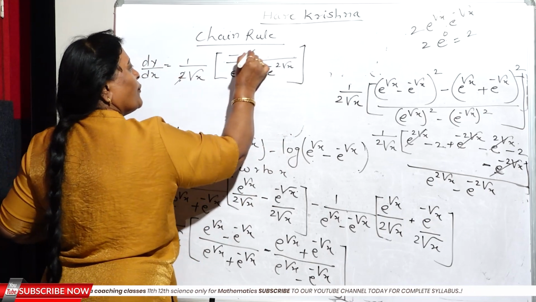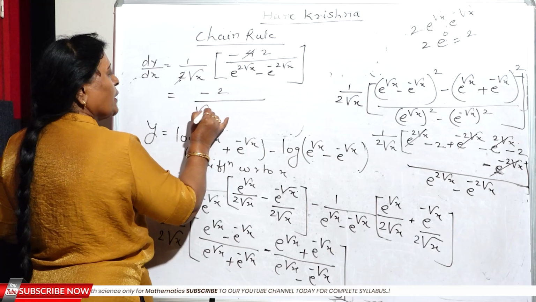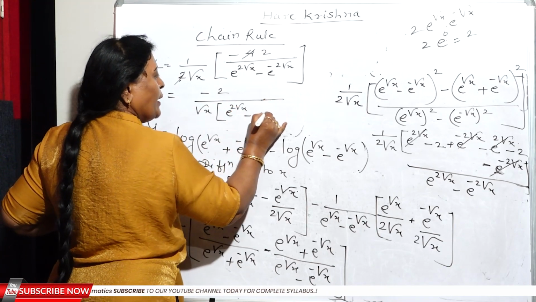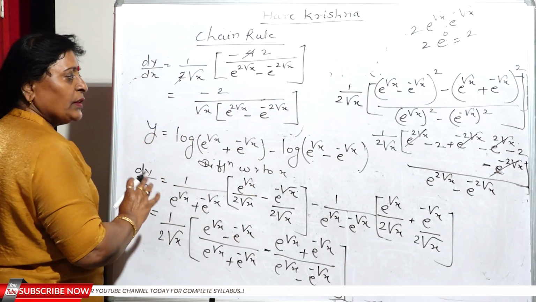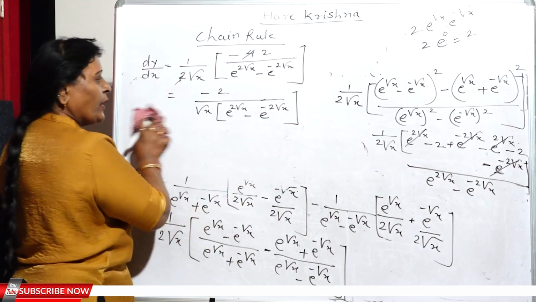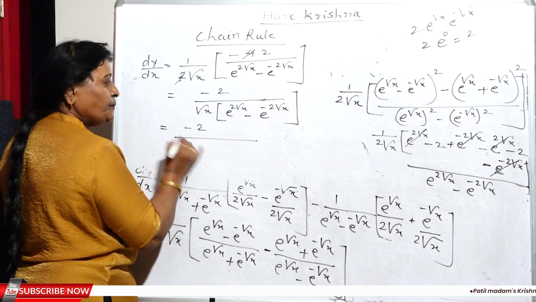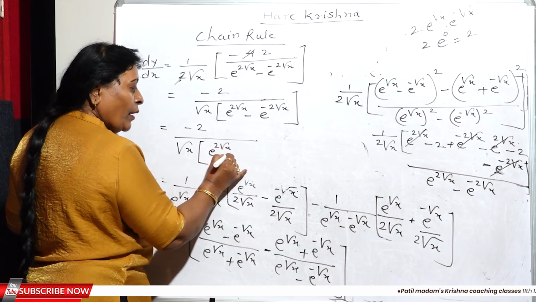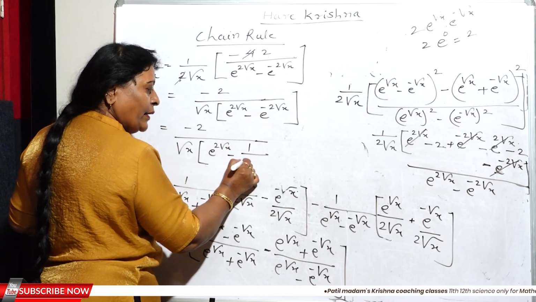Again, 2 2s are 4, so here you have got minus 2 divided by root x, and again e to the power 2 root x minus e to the power minus 2 root x. Alright. If you want the second result, this is the first result. Again, you can convert the negative index into positive: minus 2 divided by root x, and here e raised to 2 root x minus 1 upon e raised to 2 root x, taking it in the denominator.